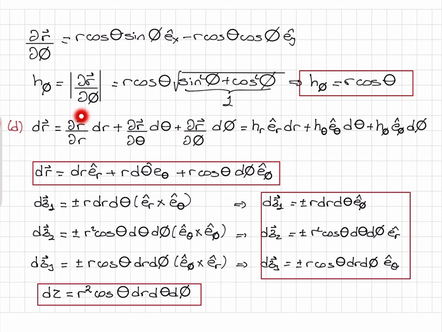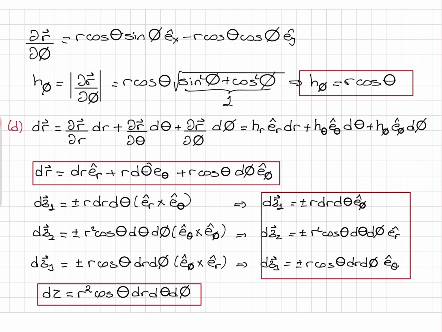And remember that the magnitude of this is the scale factor, and this vector divided by the scale factor gives us the unit vector. So this is simply hr er hat dr, this is h theta e theta hat d theta, and this is h phi e phi hat d phi. So we substitute our scale factors to get the final answer.